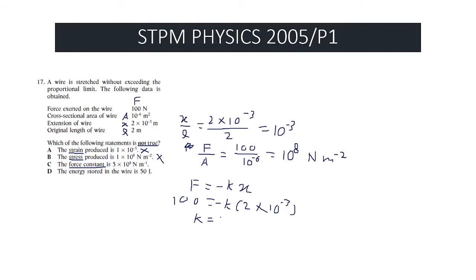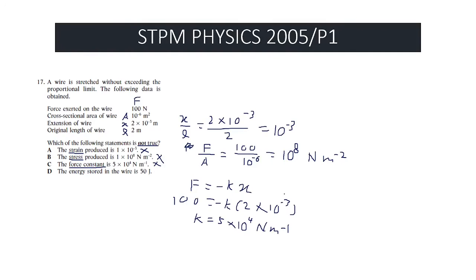So we get 5 times 10 to the power of 4 Newton per meter. So this is also not our answer.